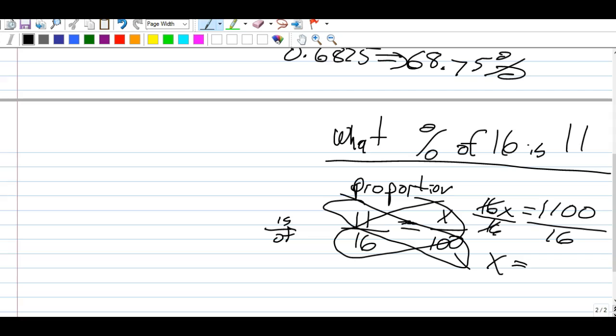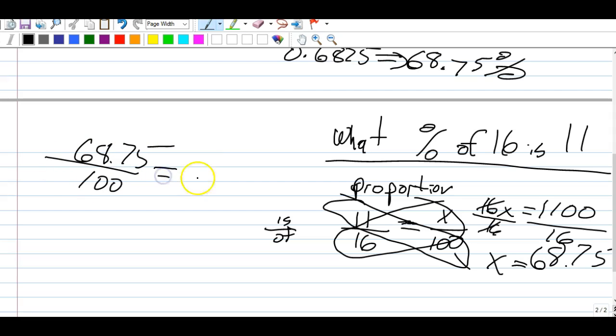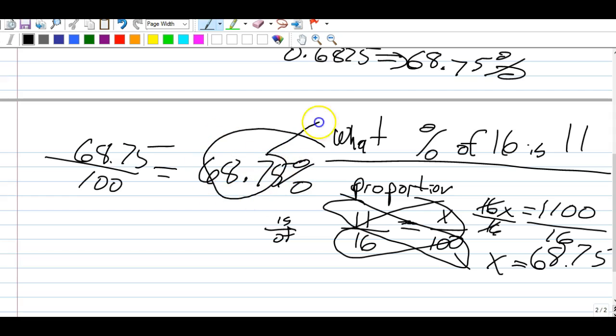Now I'm going to divide 1100 by 16. And if I divide 1100 by 16, I get 68.75. So 68.75 over 100, remember percent means hundredths, is equal to 68.75%. Same answer that I got above.